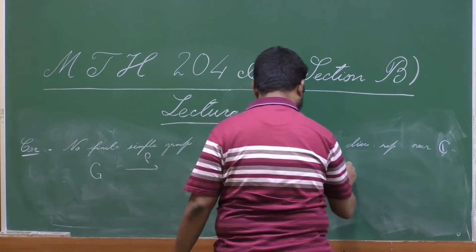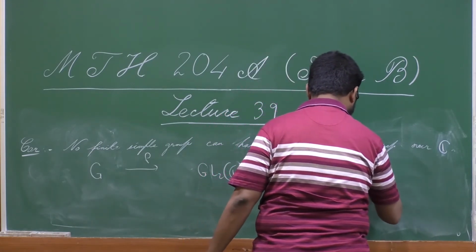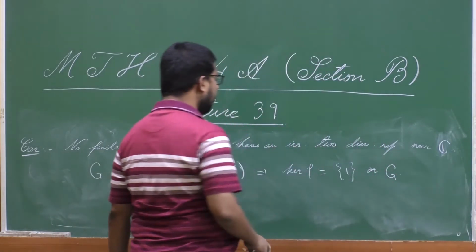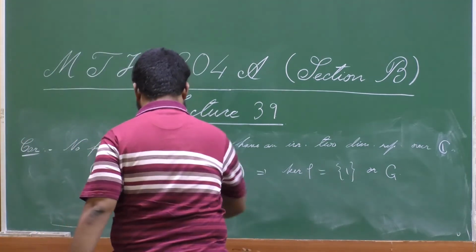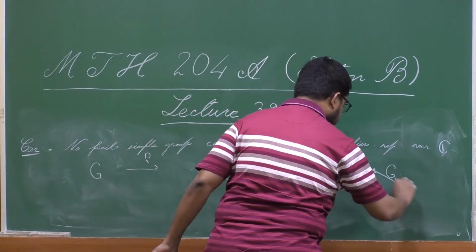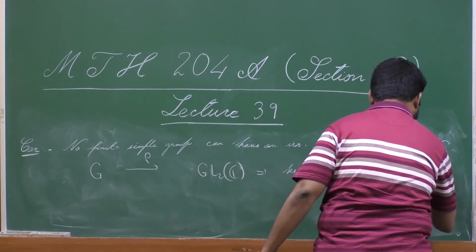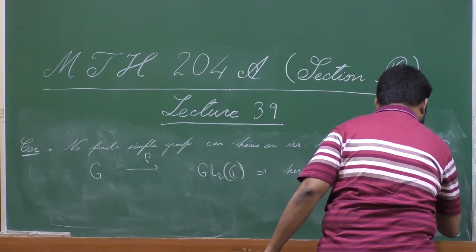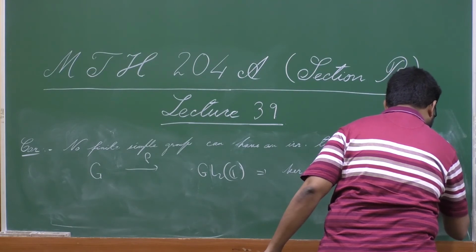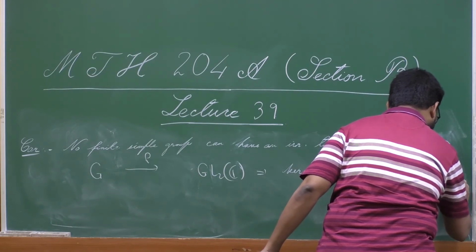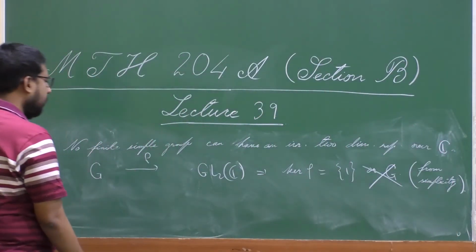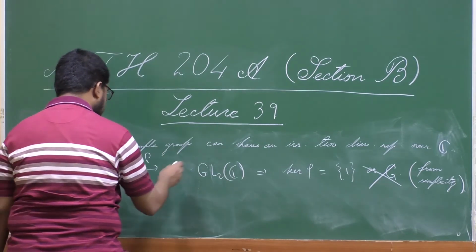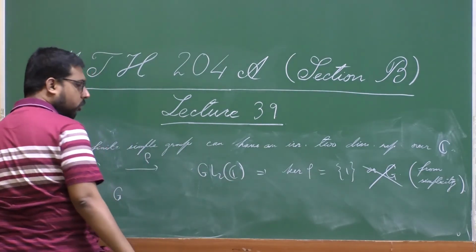The kernel of rho is either trivial or G. If the kernel is G, the representation has to be trivial, which is not allowed. So from simplicity, rho is injective.